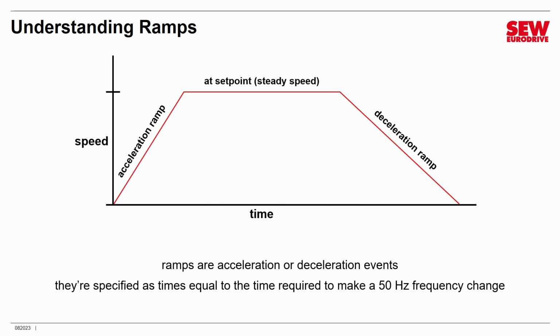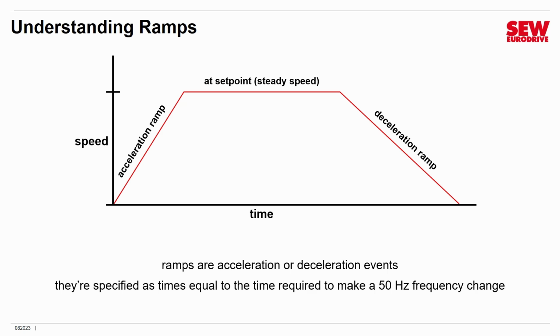We specify ramps by entering a time into a parameter in the MOVITRAC LTE-B+, and that time represents the time required to make a 50 Hz frequency change. Now you may wonder why we aren't talking about this in terms of speed, RPM.